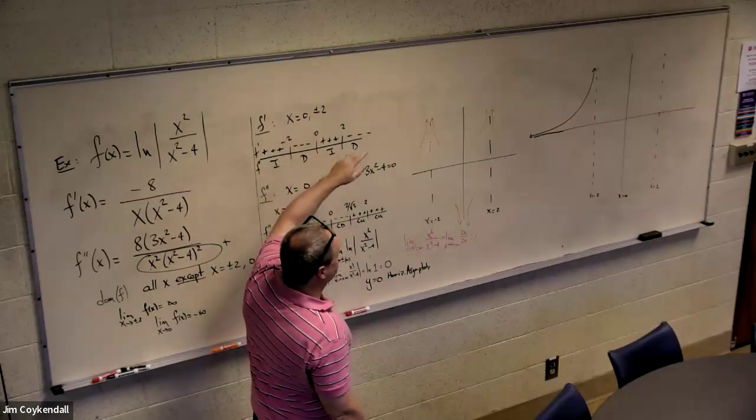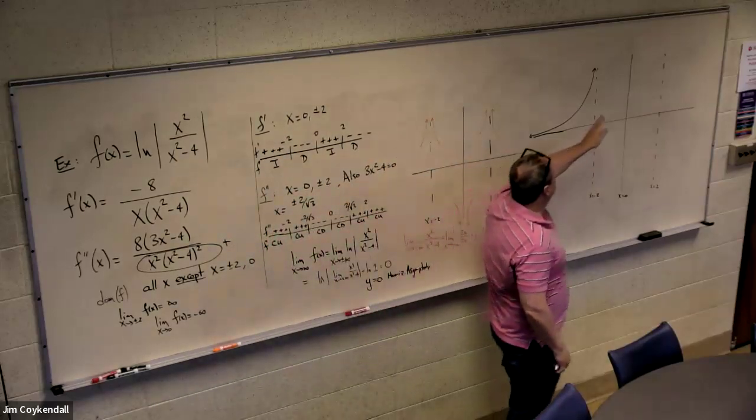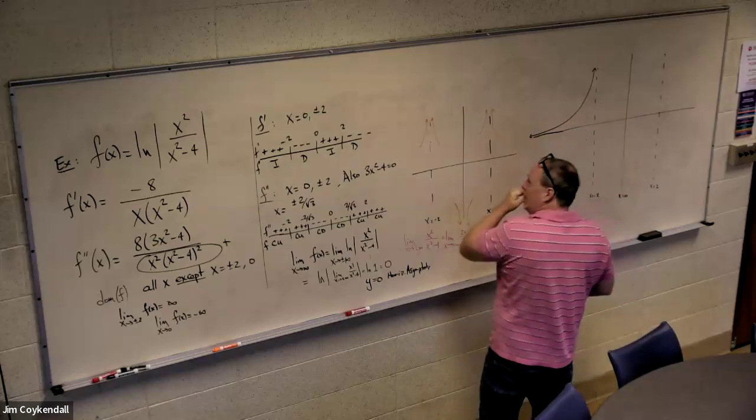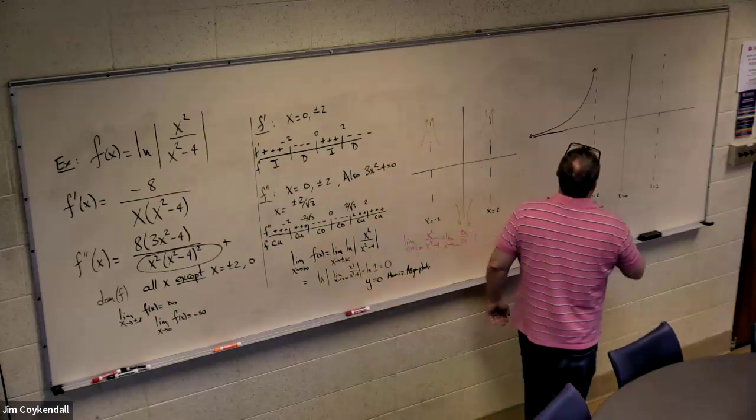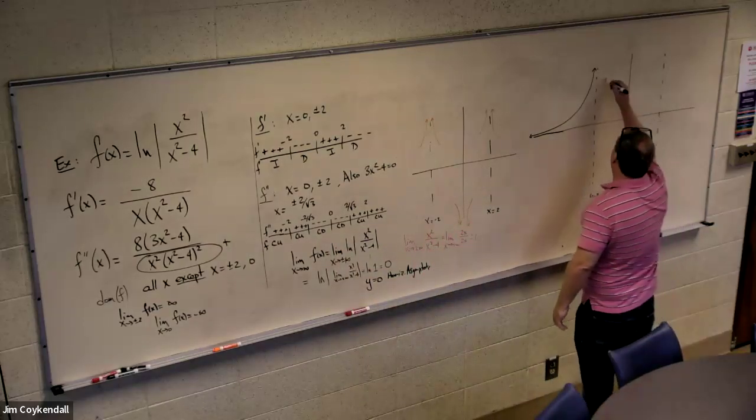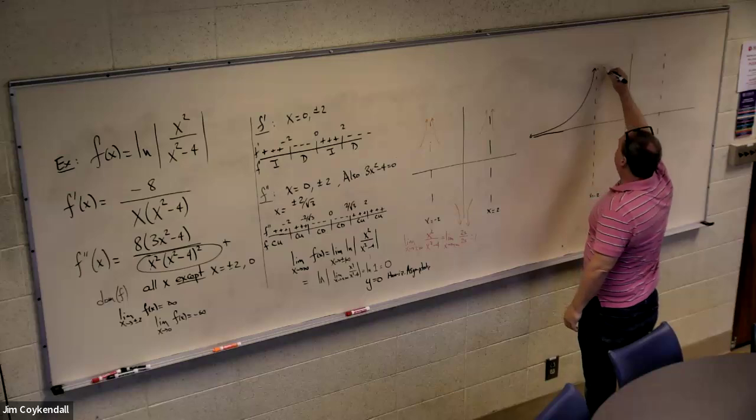It should be infinity on this side of -2, negative infinity over here. Always decreasing, and its concavity should be down here and up here. So there has to be a concavity change somewhere.